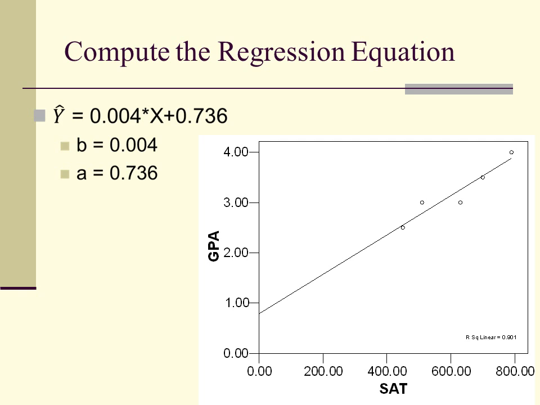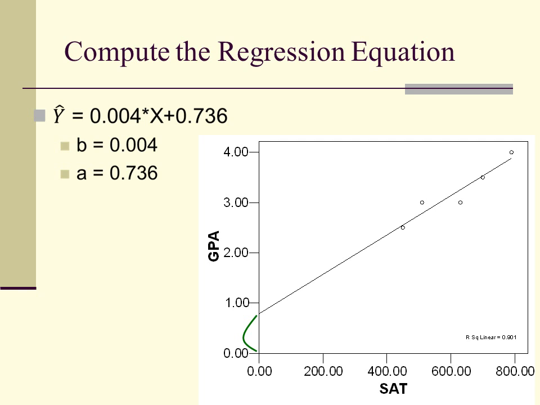Now we can write out the regression equation. Y hat equals 0.004 multiplied by x plus 0.736. So that is the regression equation of this regression line, the best fitting line for the data.